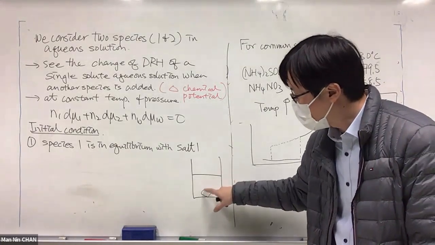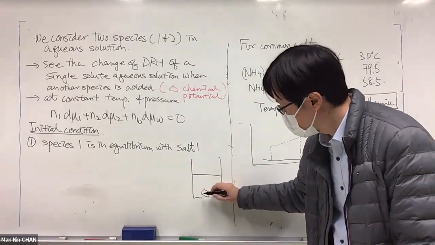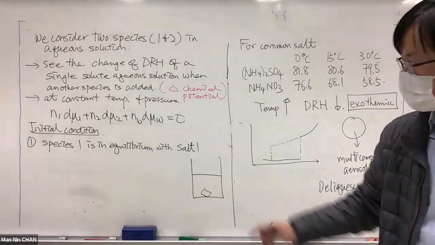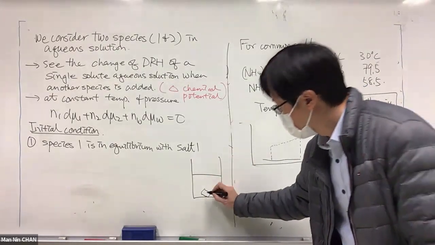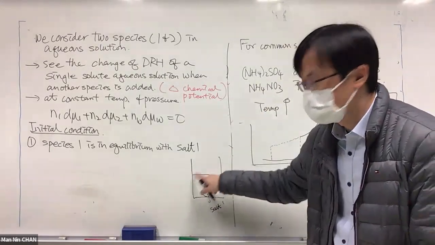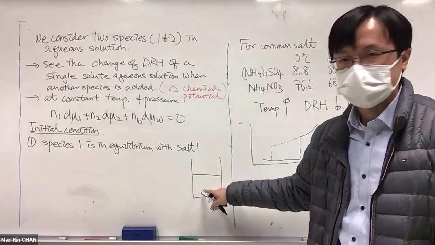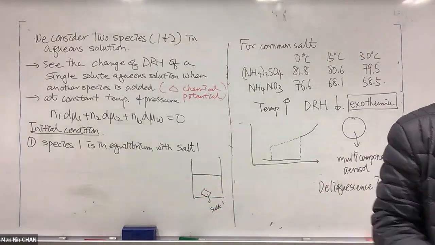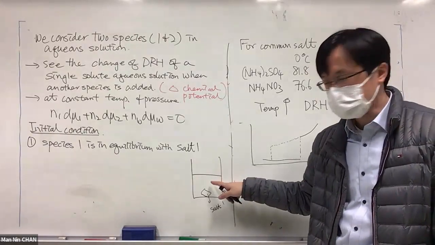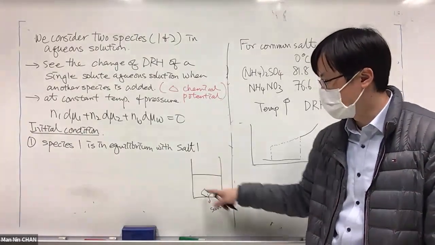Because you have excess salt, you will see some presence of the salt in your system. This is your salt one. So your solution is saturated because you have the salt present, with respect to the species one.